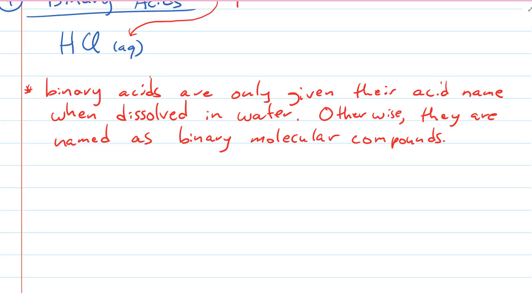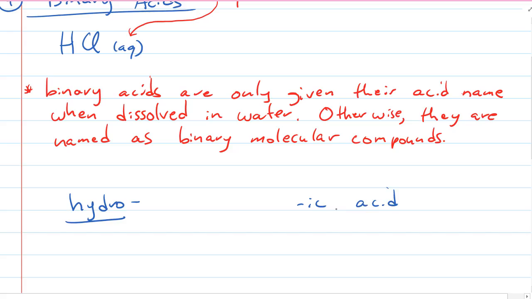So the convention we use for these looks like this. They have a hydro prefix and they have an IC acid suffix. And in the middle here, we have the root name of the other element.